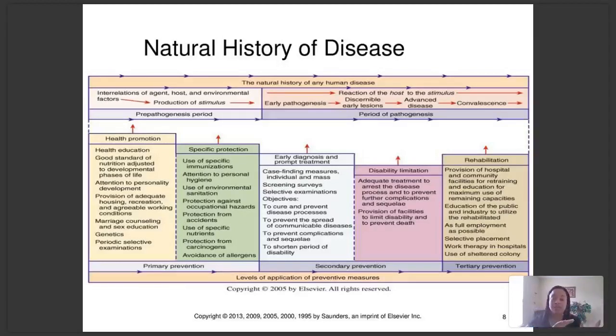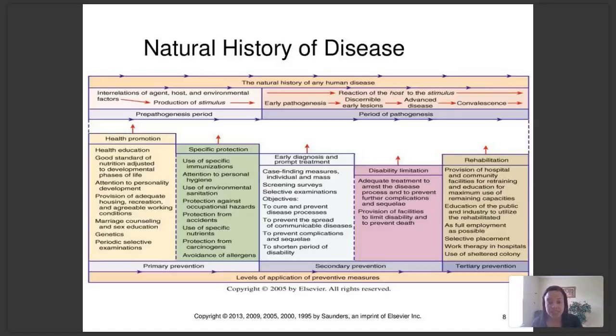Remember that, that's before it's introduced to the host. The reaction of the host is having an issue right now. So before we get through that, from a community health nurse standpoint, what things can we do to counteract that, so we don't have a person who's necessarily going through the pre-patho period, okay?